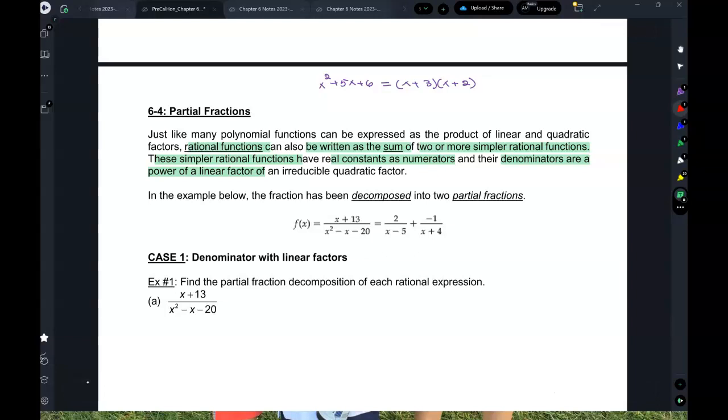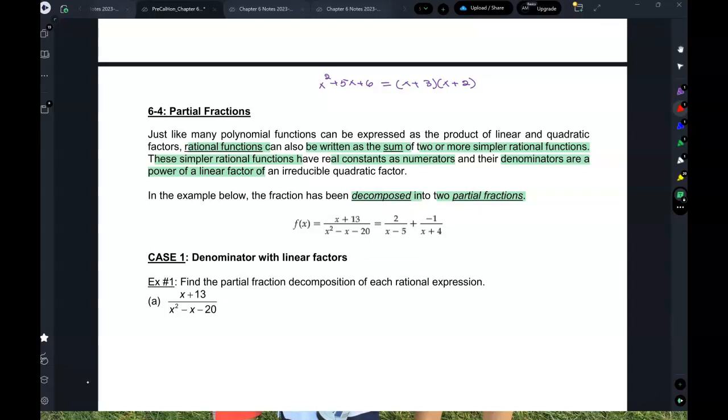So basically the denominators are going to be as simple as we can make them. They're either going to be a linear term like x plus 2, then x plus 2 squared, x plus 2 cubed, or something that can't simplify anymore like x squared plus 1. When we do that, this process is called decomposing a rational function into partial fractions.